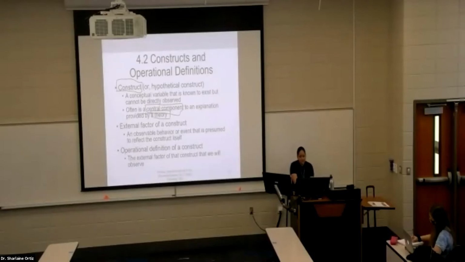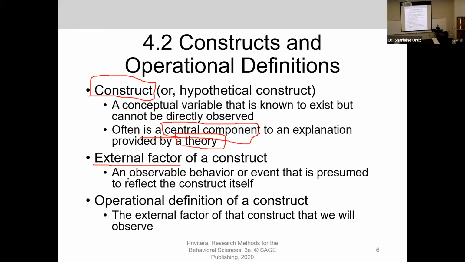Now, generally, the external factor of a construct is something that I can indeed observe. And we presume that the behavior that I am observing reflects that construct specifically.